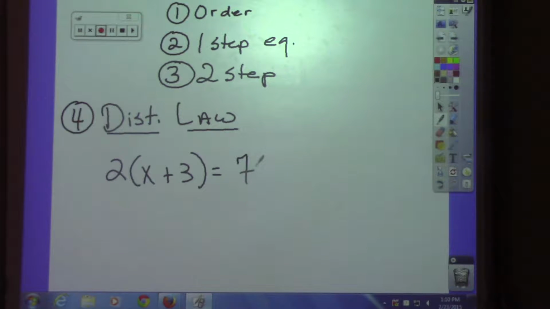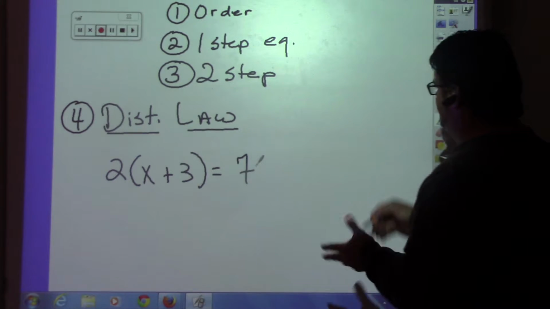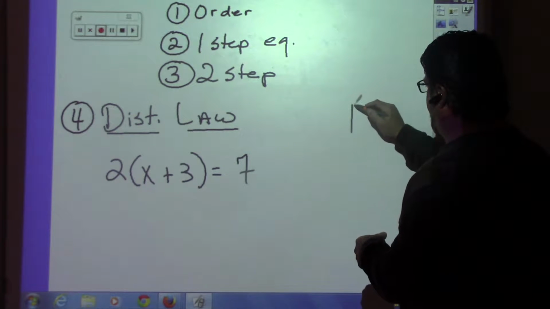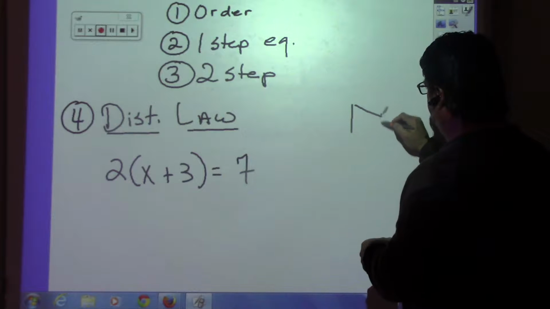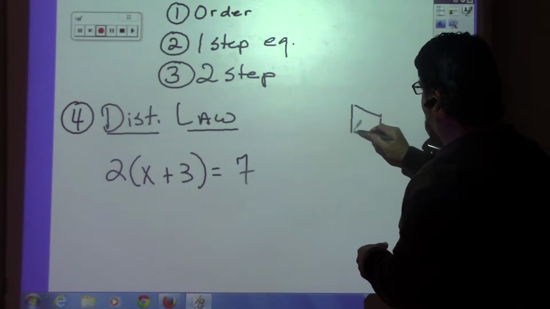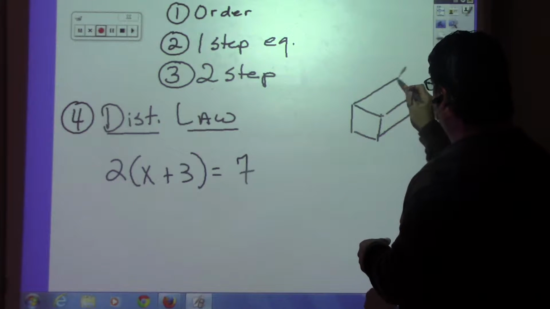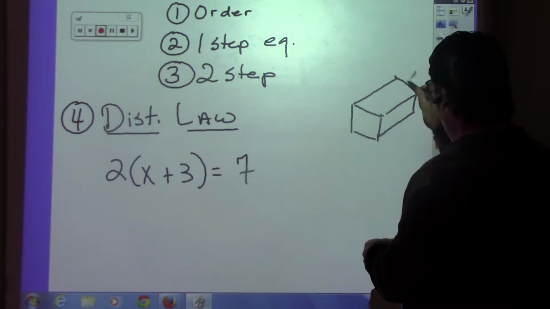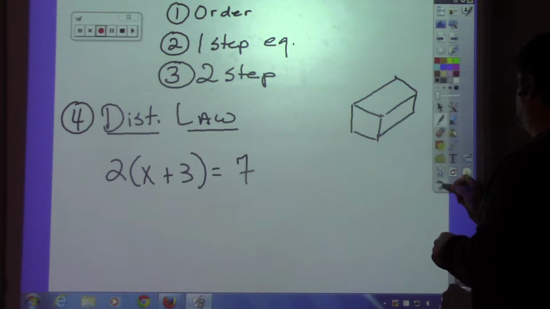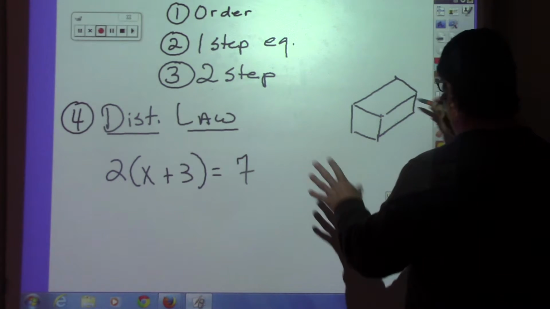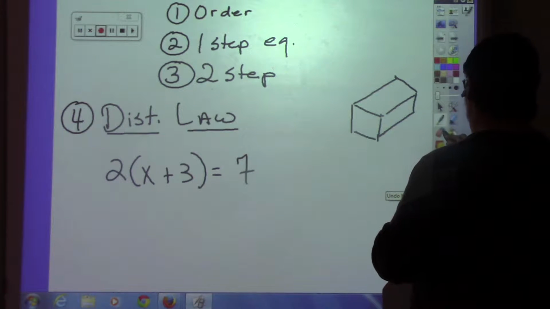Always remember the distributive law is kind of like a block of cement. I mean, if you're working with concrete, and I usually show this in a pre-algebra class, but y'all have had pre-algebra, and you're working with a block. I mean, you're pouring some concrete into a block.